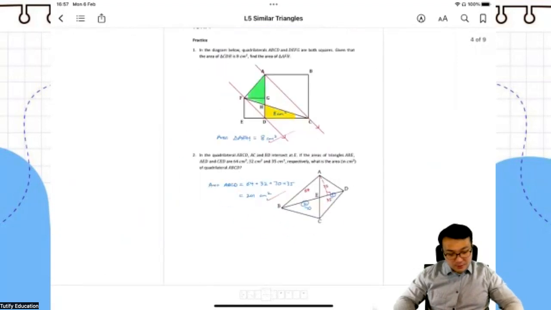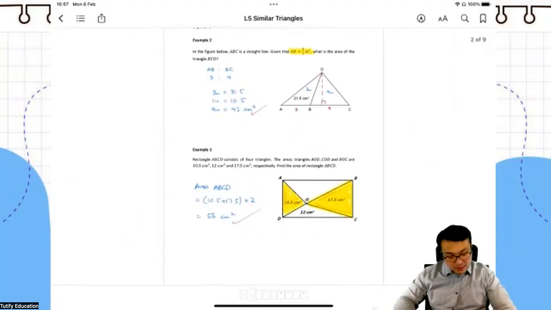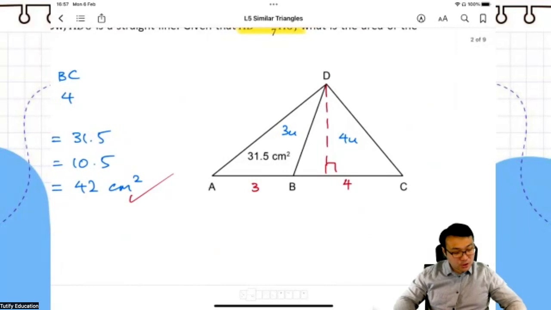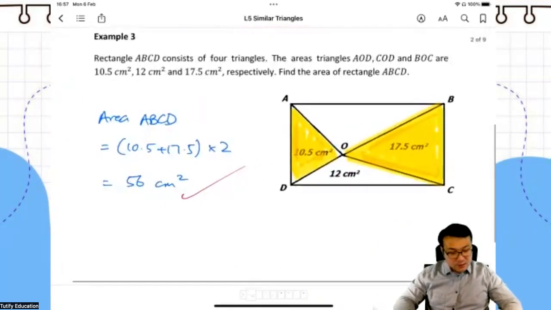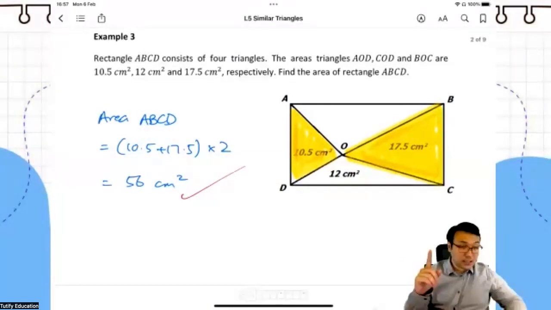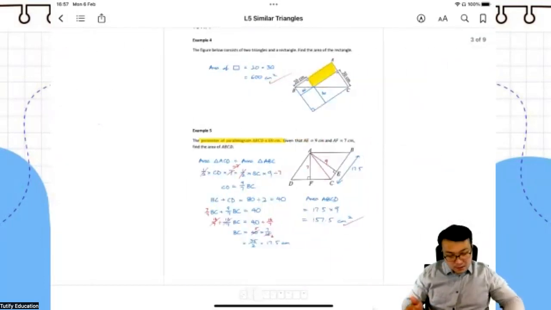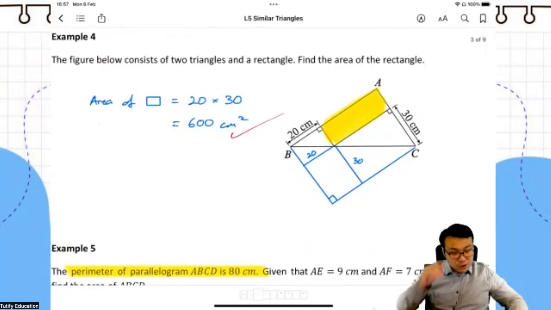What else did we learn? We learned about the ratio of bases equals to the ratio of the area. We learned that if you see a triangle inside a rectangle, the area of the triangle is half of the rectangle. And we learned to create our own lines to make some mirror image.